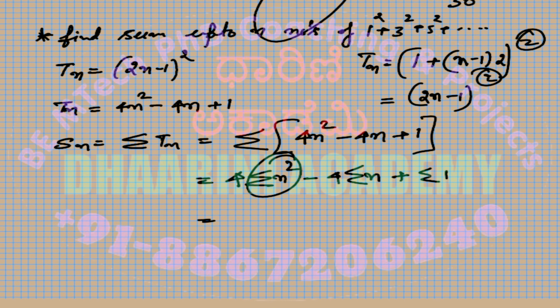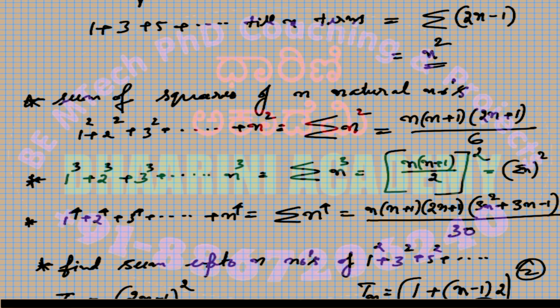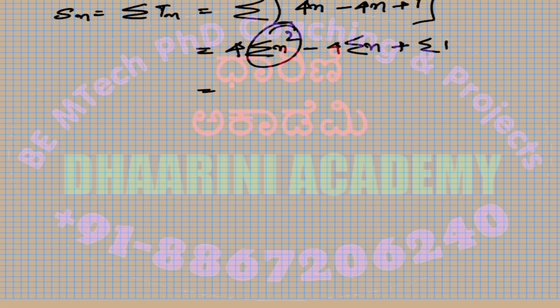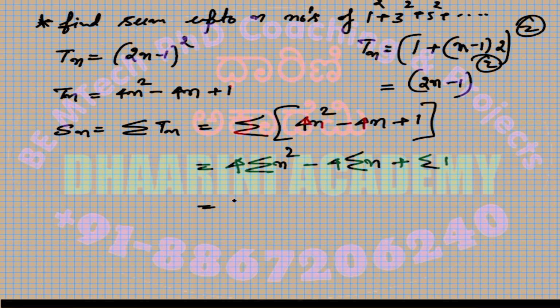So this is going to be, what is n squared? So the summation of n square has to be, right, 4 into, the n square summation is nothing but, you can look at the equation.